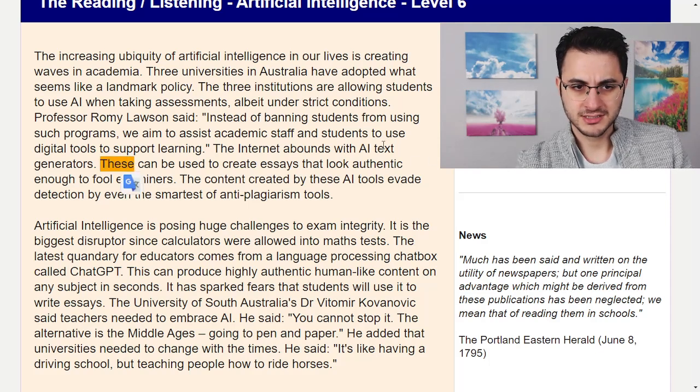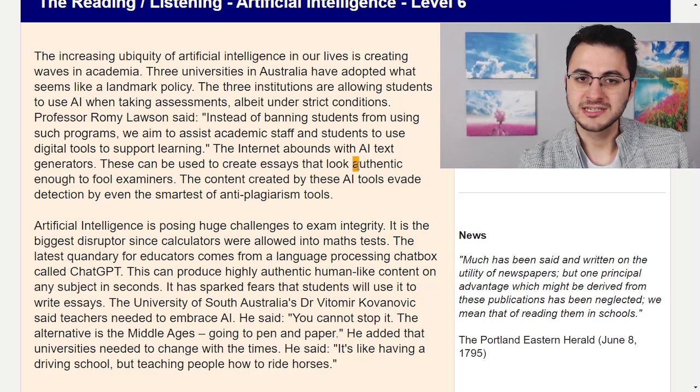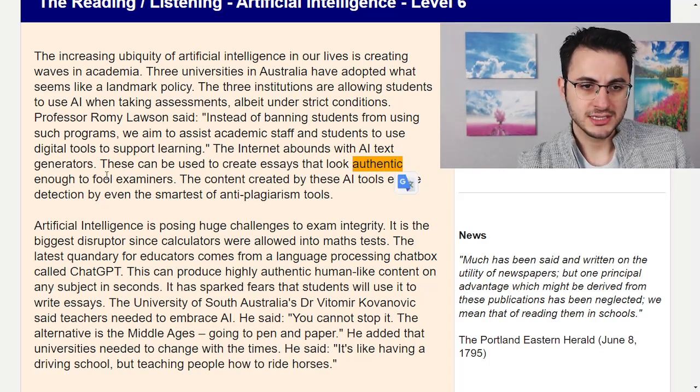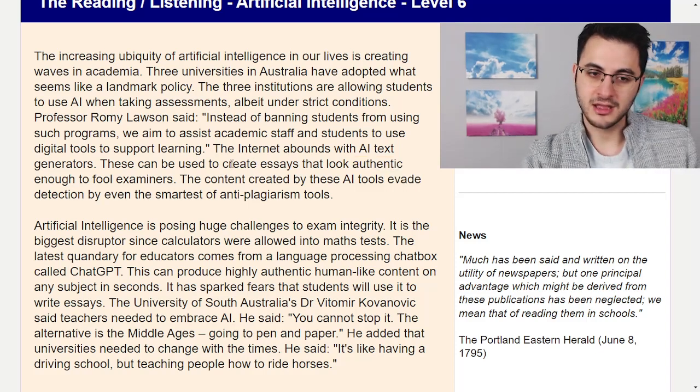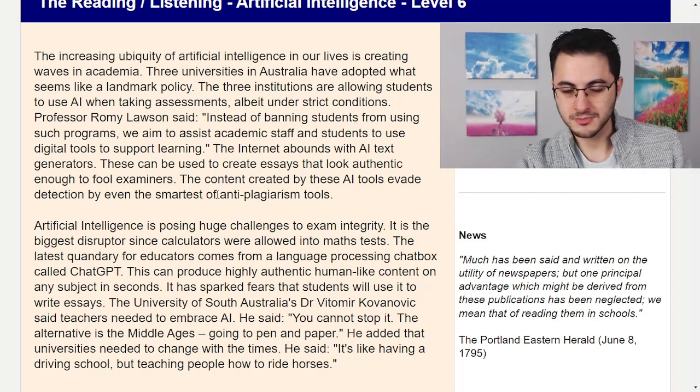Authentic means real, right? So not fake, not artificial, but real, authentic. So these texts are real enough that examiners can't tell if they were written by the student or written by AI.